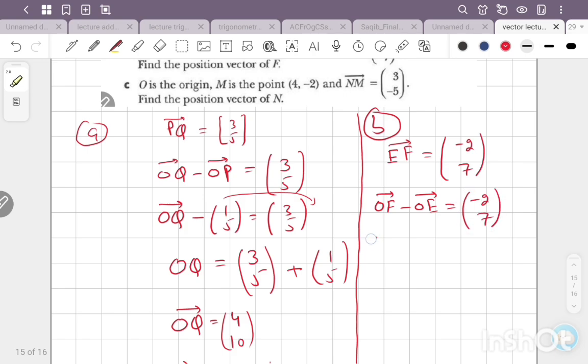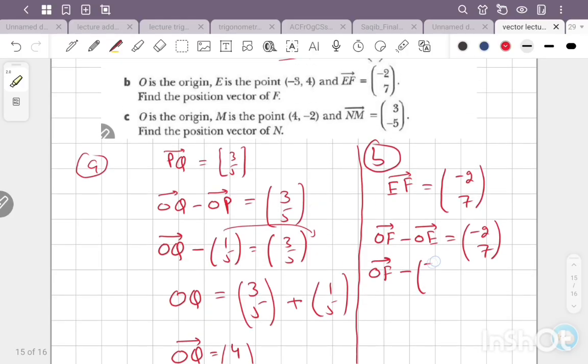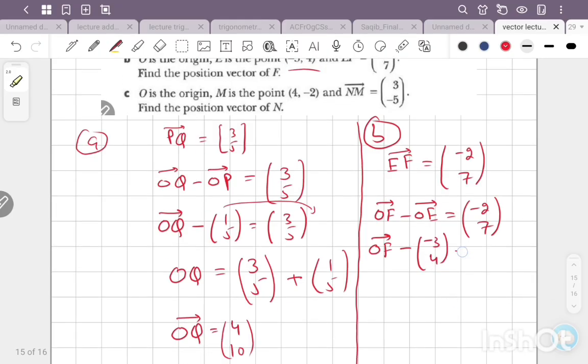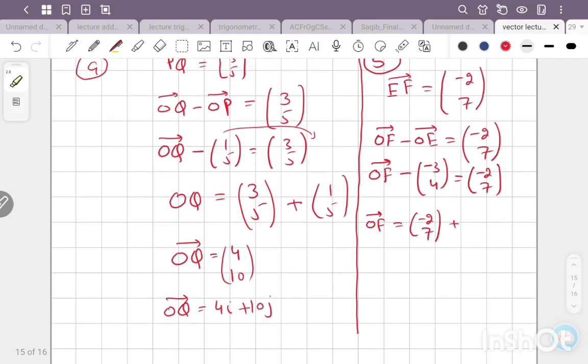Now we have to find OF, and minus OE, the value is minus 3 and 4 here, which is equal to minus 2 and 7. Now further we have to write OF equal to minus 2, 7 plus, here plus, because on the other side it will be positive, minus 3 and 4.